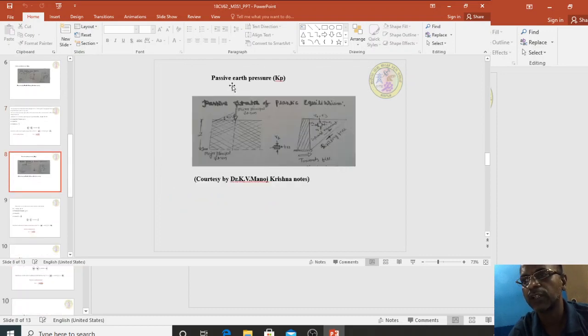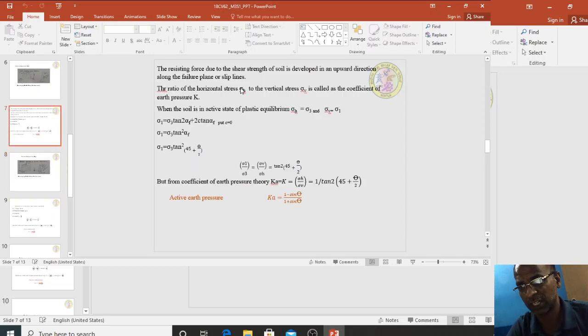Next, coming to the passive earth pressure coefficient, this is your retaining wall, this is your backfill material. The pressure acting on the retaining wall is in the other direction, such that instead of the retaining wall moving away from the backfill, it is moving towards the backfill. That condition is called the passive earth pressure condition. In the active earth pressure condition, sigma 1 is equal to the vertical stress, because of the larger vertical stress, the retaining wall has moved away from its position.